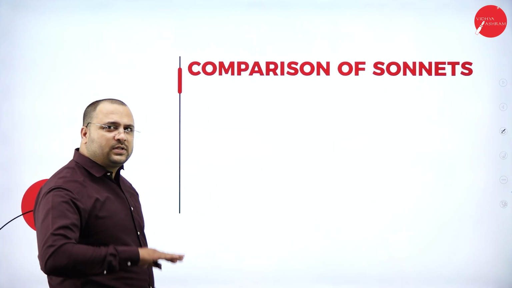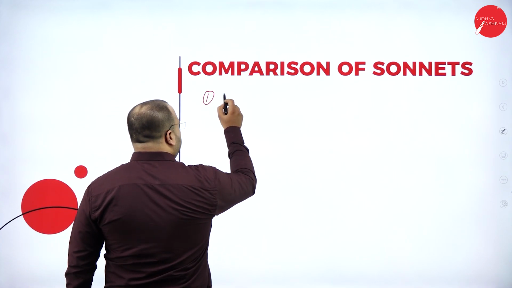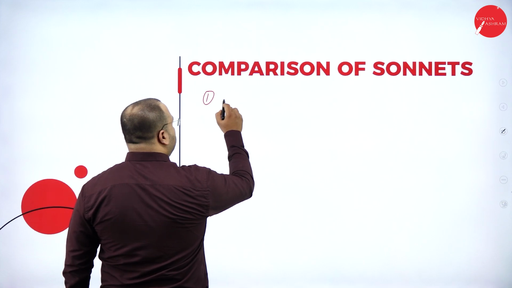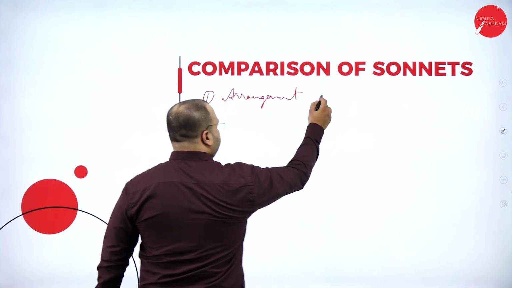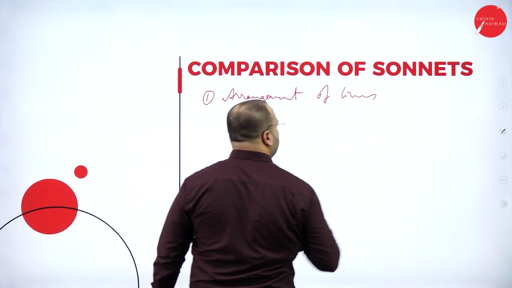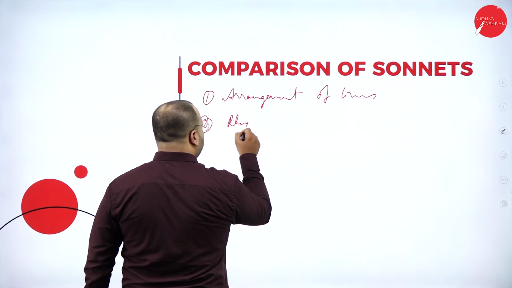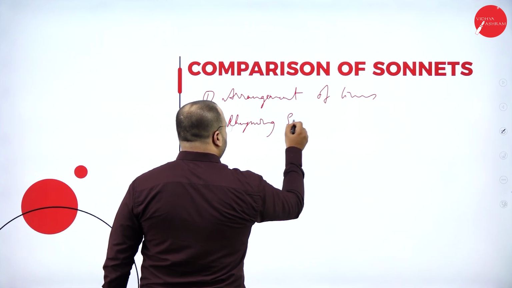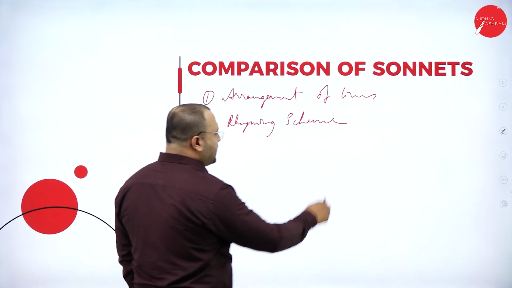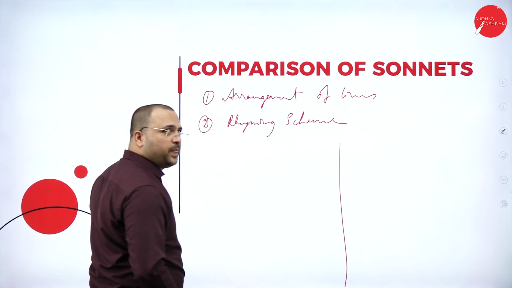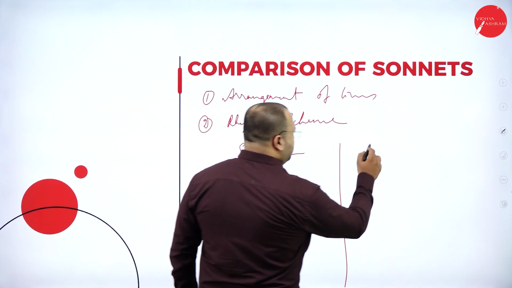In comparison, both sonnets will have 14 lines, but you have to remember, first, there is a difference in the arrangement of lines. The second major point is the rhyming scheme. So if you consider two sonnets, Shakespearean and Petrarchan.